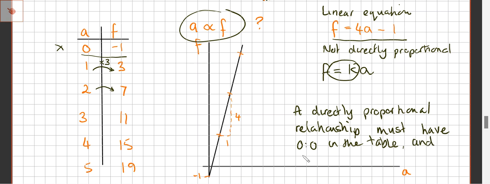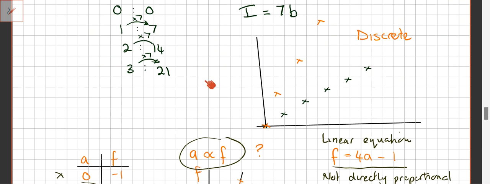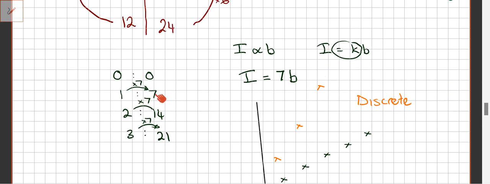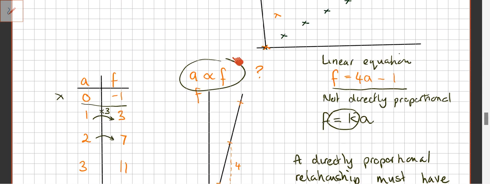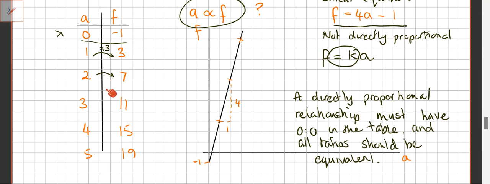And I'm going to go with what Hugo said: all ratios should be equivalent. So that would give you the constant of proportionality. You can see here, look, 1/7, 2/14, 3/21. They're all the same ratio, just simplified. Whereas 1/3, 2/7, 3/11, they're not.